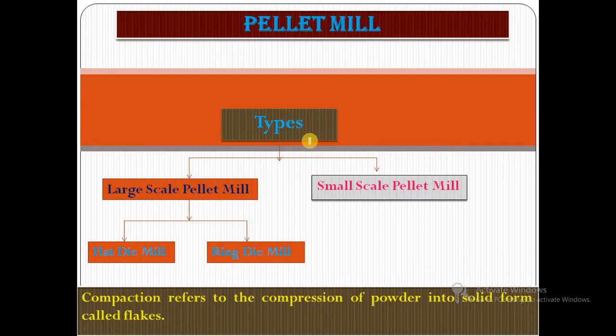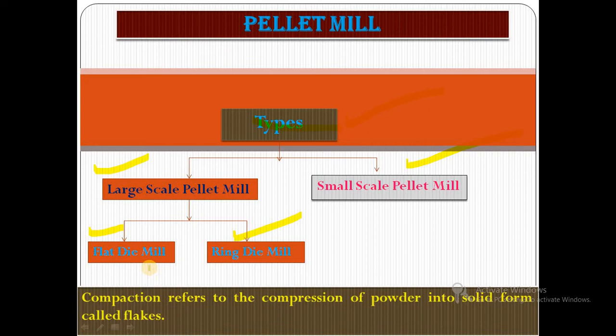Then, in the case of pellet mill, we will see the types of pellet mill. The first type is the large scale pellet mill and the second type is the small scale pellet mill. Large scale pellet mill is divided into flat die mill and ring die mill. In your syllabus only the large scale pellet mill is involved, and there are two types, flat die mill and ring die mill.